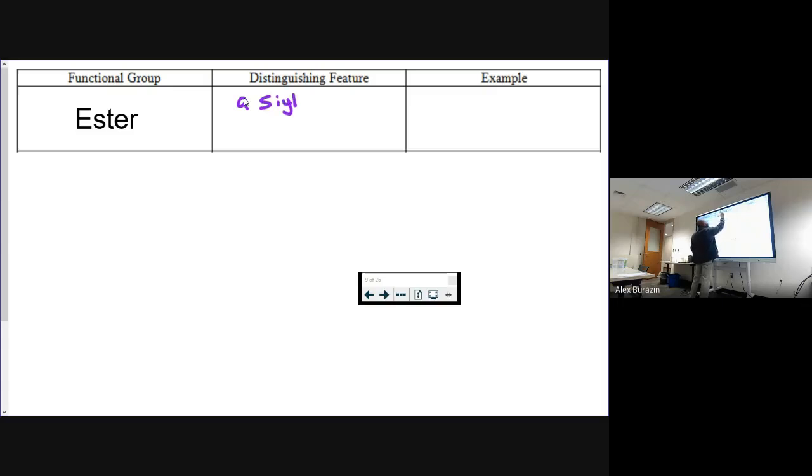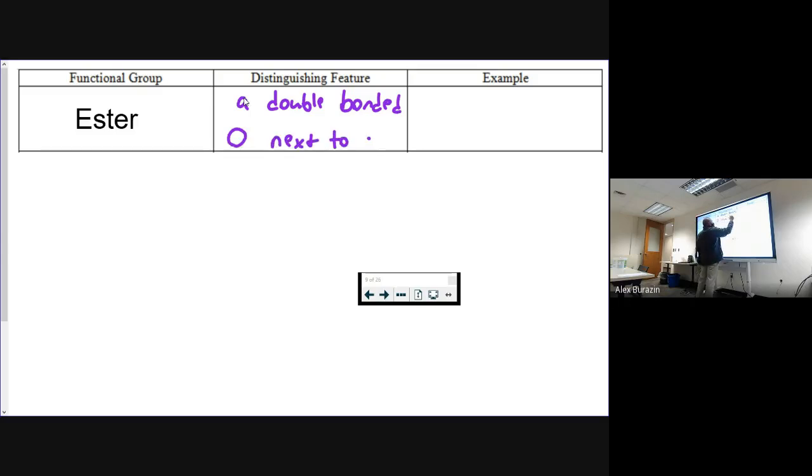A double bonded O next to a single bonded O in the carbon chain.